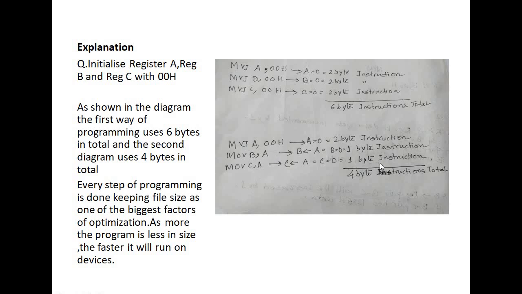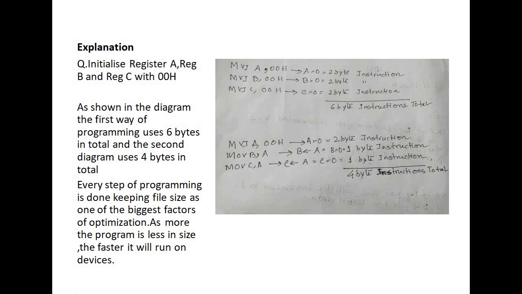So how many memory locations in total? 2 memory locations for MVI A, 00H, 1 for MOV B, A, and 1 for MOV C, A. So this program takes 4 bytes in total, that is, it will occupy 4 memory locations. Understood? The first takes 6 memory locations, and this one takes 4 memory locations.